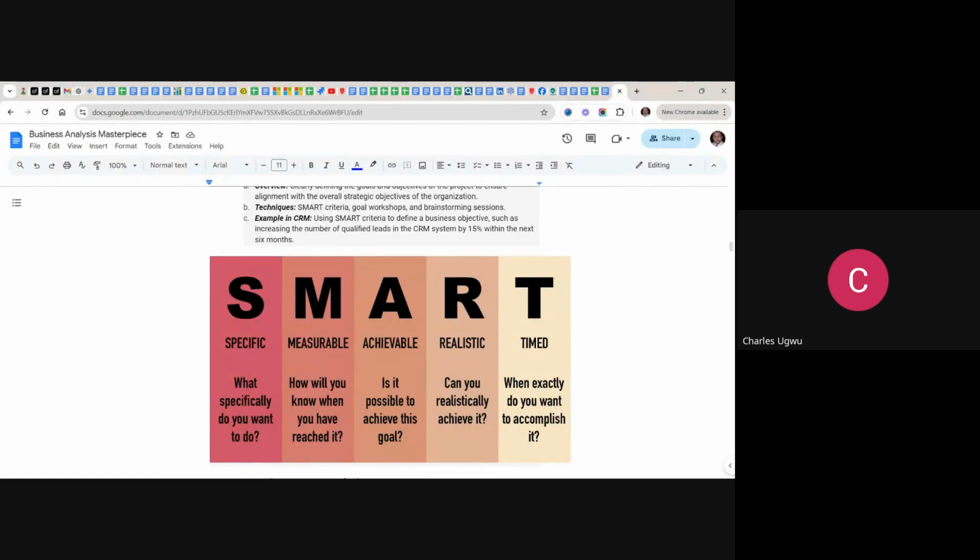If you think that integrating your CRM system with Facebook or LinkedIn will help you to reach this number of qualified leads, then integration is going to be part of your requirement. If you feel that recruiting more sales reps is going to be part of it, then recruitment is going to be part of the requirement.